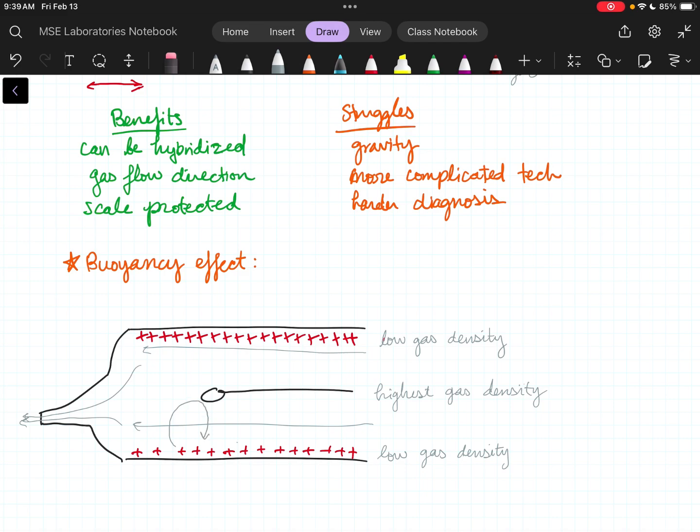What this creates is areas of low gas density. I'm actually going to write that in gray. And in the center is probably the coolest, so we're going to have the highest gas density.